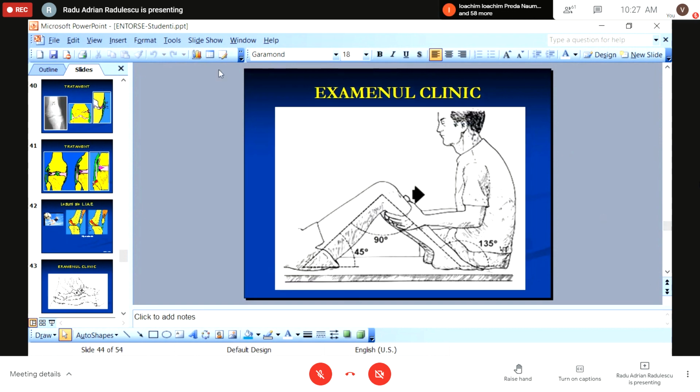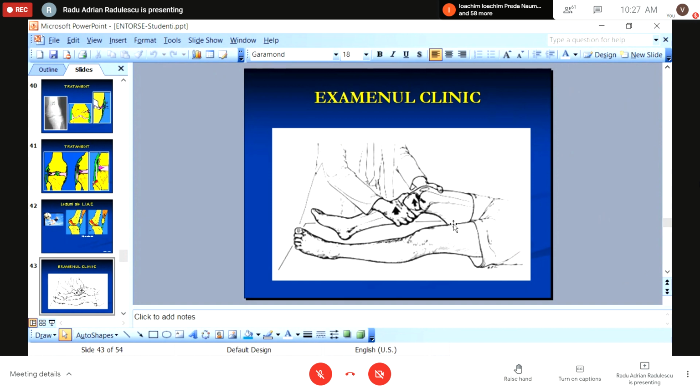Other tests, it's very important to remind you that this test is done with the knee in a 10 to 15 degrees flexion. So in other words, the knee will be in a slight flexion during this test.